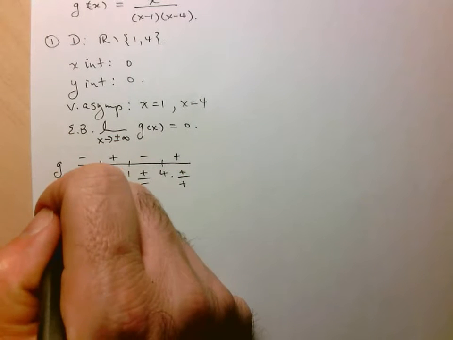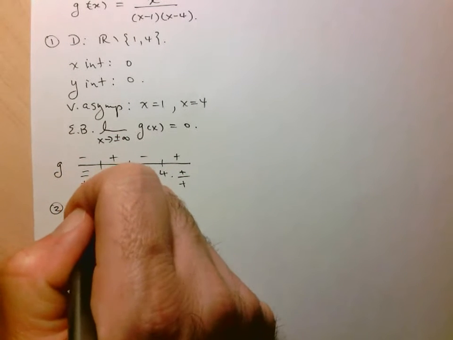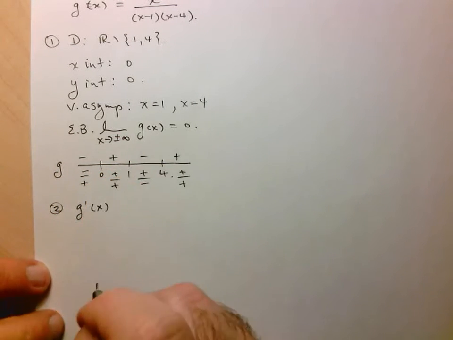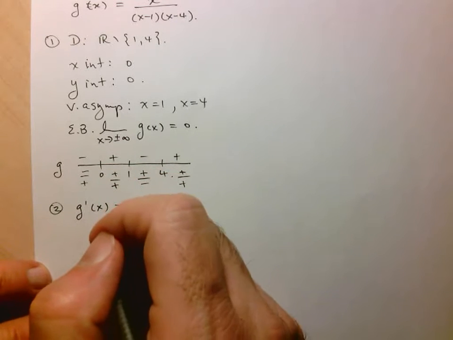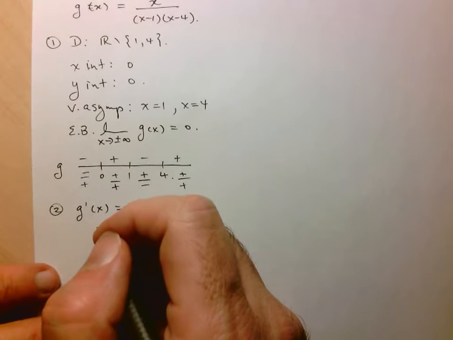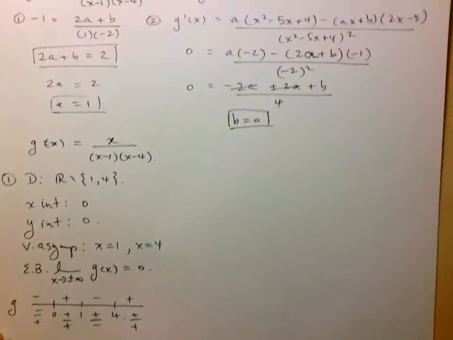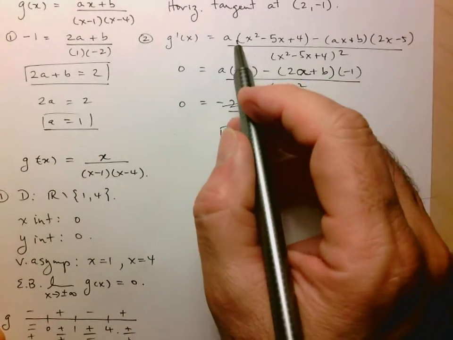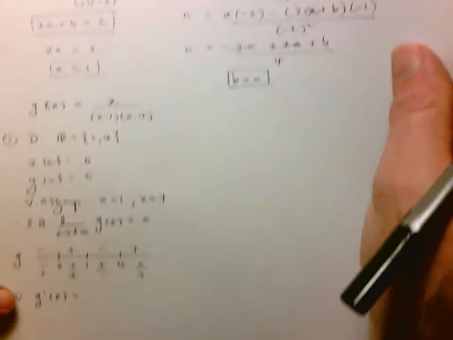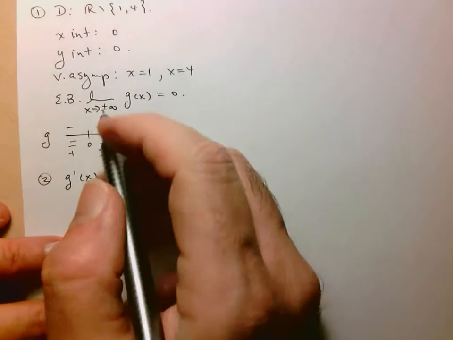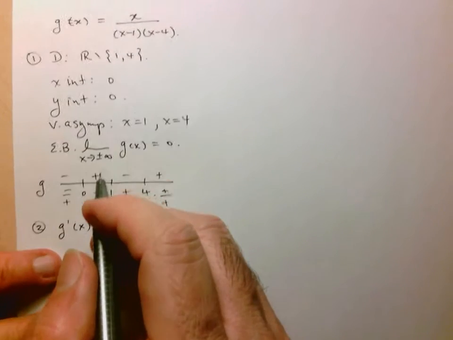So let's now do step 2, which is using the derivative. Okay, so here I guess we can go back and make use of the fact that we already sort of found the derivative here. I don't think that really helps us that much. So let's just kind of redo it from scratch. So here, what do we have?